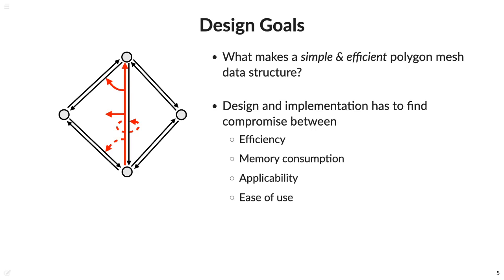So from these four, we put ease of use as our main focus because we want to use the data structure also with students or with beginning developers. So we want to have a data structure where you can easily get started.